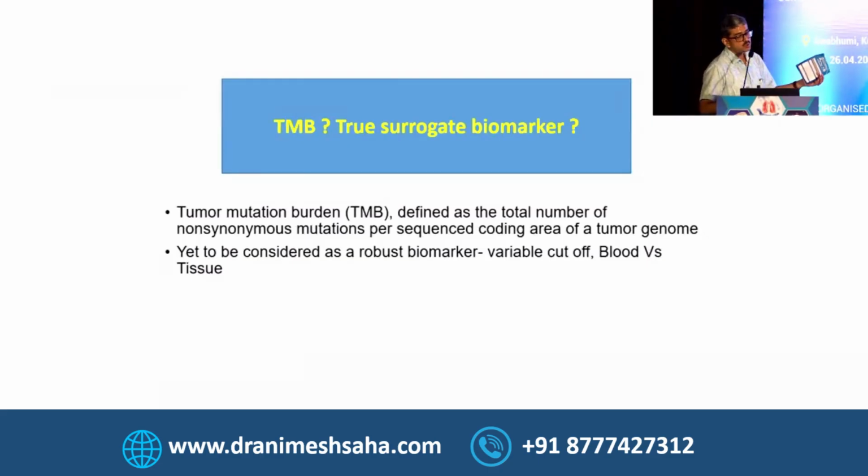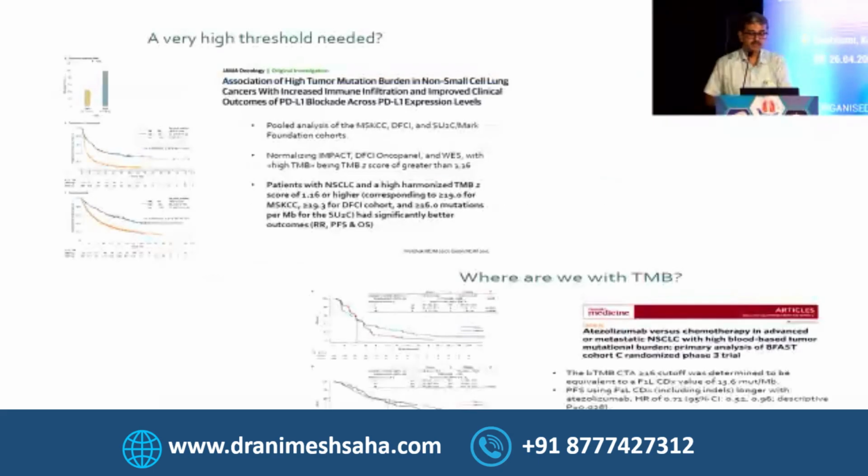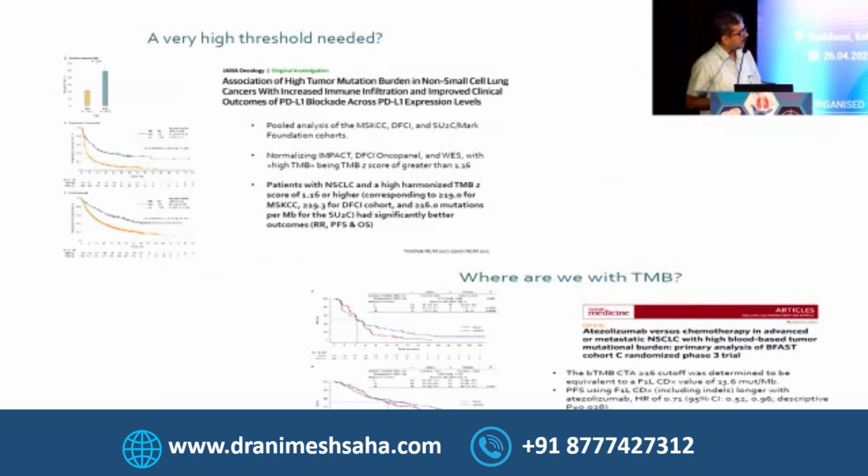So how true a surrogate biomarker is tumor mutational burden? I would like to ask one of my panelists, Dr. Devapriya: are you comfortable with a tumor mutational burden of 10, 16, or 216, or with blood versus tissue?